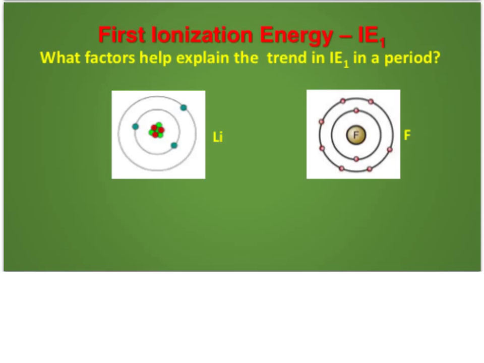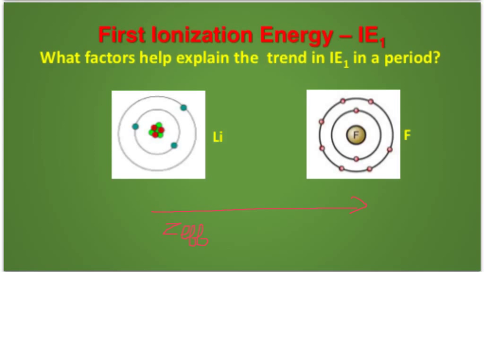Okay, now within a period, let's look at lithium and fluorine. How do we know that these two elements are in the same period? Look at the number of energy levels. 2 energy levels each. So what causes that difference? As we move from lithium to fluorine, that is, as we go left to right on the periodic table, the ZEF, effective nuclear charge, increases because we keep adding electrons to the same energy level.